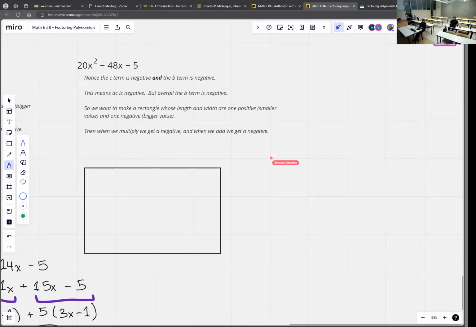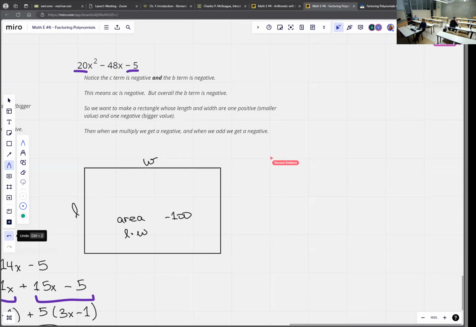Length times width. Okay, what do they multiply to be? -100. Everyone see why the area they multiply is -100? 20 times -5, as it's the first thing times the last thing.